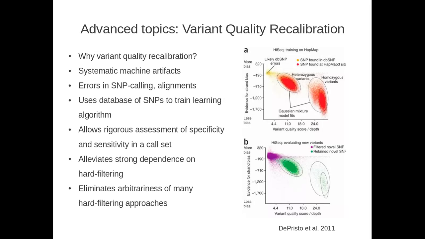These types of information all go into a large machine learning algorithm that essentially allows researchers to detect sets of variants that deviate in certain properties from normal SNPs.